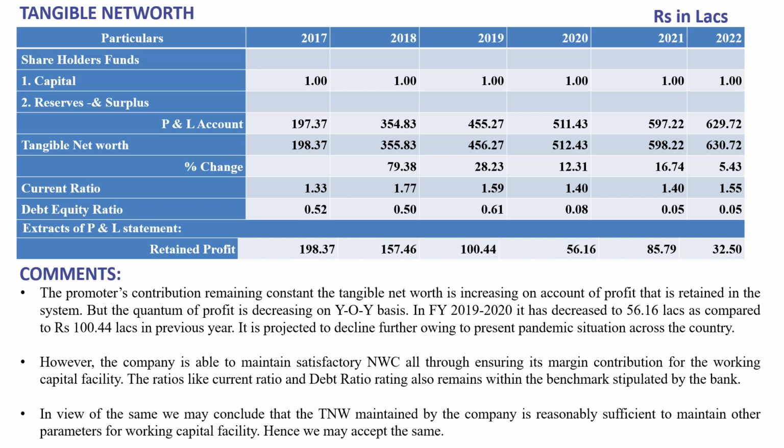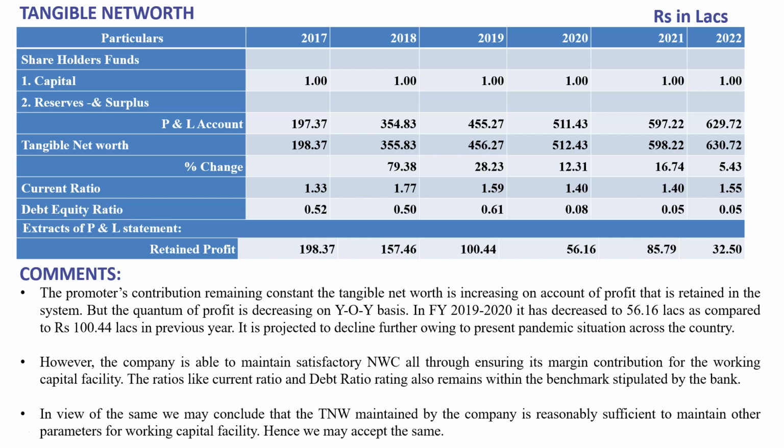It is projected to decline further owing to the present pandemic situation across the country. However, the company is able to maintain satisfactory NWC all through, ensuring its margin contribution for the working capital facility. The ratios like current ratio and debt equity ratio also remain within the benchmark stipulated by the bank.